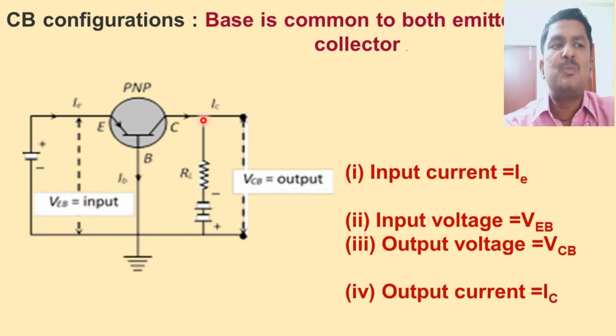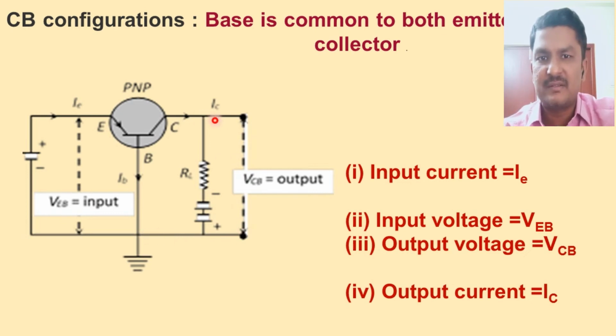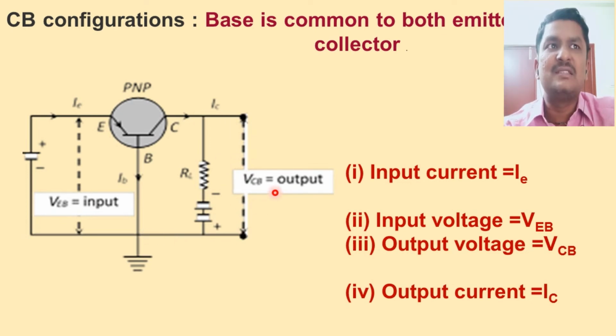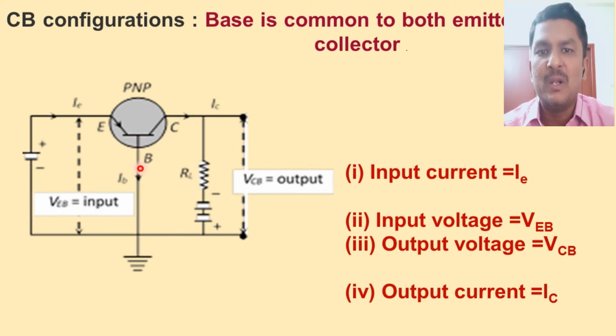And output is measured across collector and base, VCB is output. So I consider the PNP transistor, and in CB mode the circuit diagram is shown.